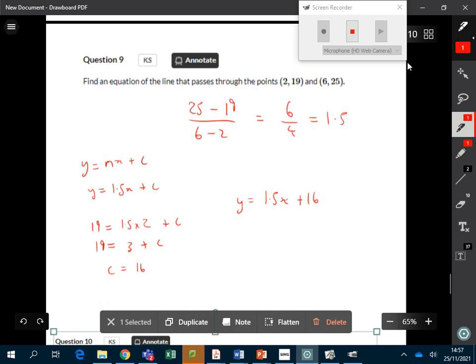Now the other way of doing that, having worked out the gradient is 1.5, you could use that other formula, just down here. So you could say y minus 19 equals 1.5 times x minus 2.